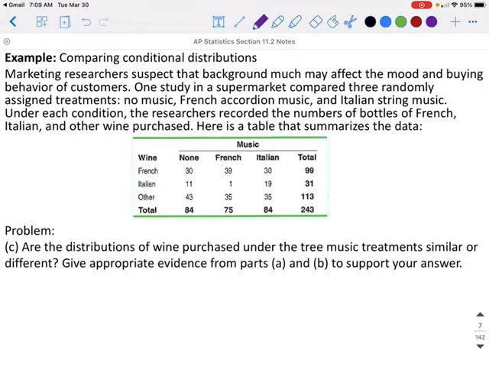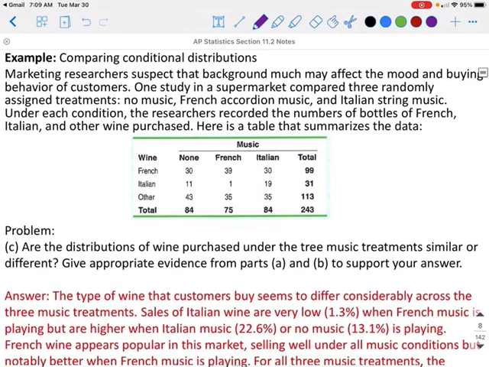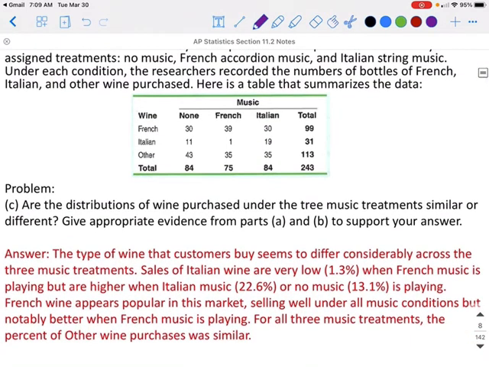Are the distributions of wine purchased under the three music treatments similar or different? Give appropriate evidence from parts A and B to support your answer. So the type of wine that customers buy seems to differ considerably across the three music treatments.